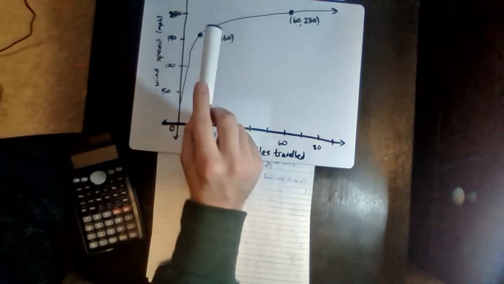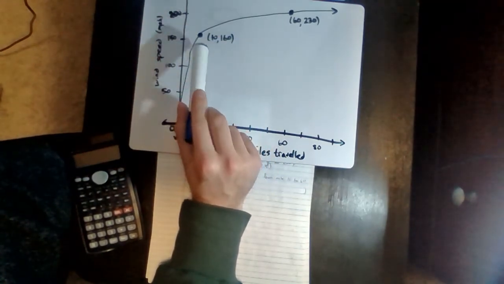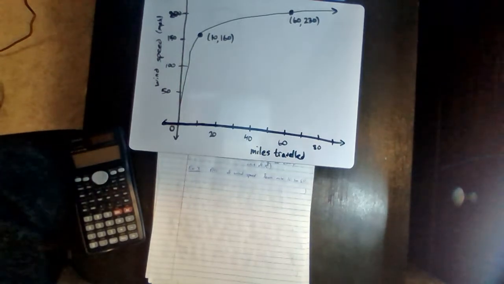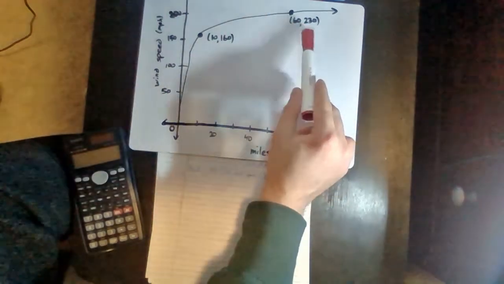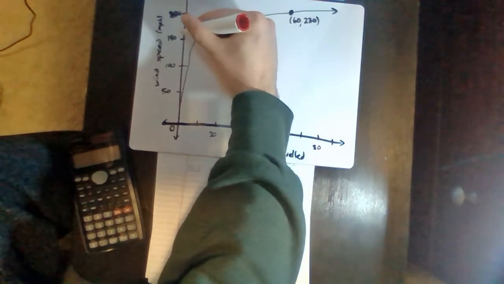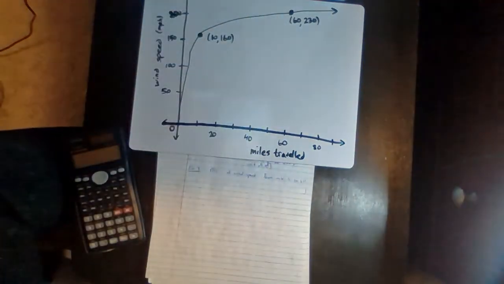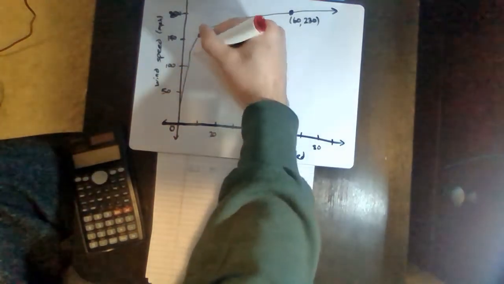So I've already gone ahead and labeled these points because, again, they're hard to see on this whiteboard. So mile 10, we have a wind speed of 160 miles per hour. Mile 60, we have a wind speed of 230 miles per hour. So on the graph, in order to actually see that, we're looking at mile 10.